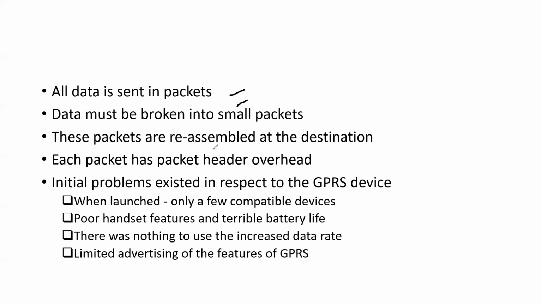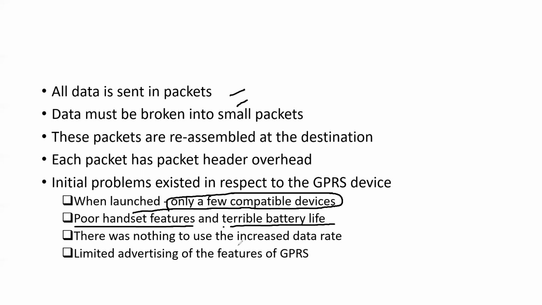Some problems existed when the GPRS came into existence. First problem is, when the GPRS was launched, it was only compatible with a few devices. All devices were not compatible with GPRS. And the handset features they used for the GPRS devices were very poor, and the battery life was very less.